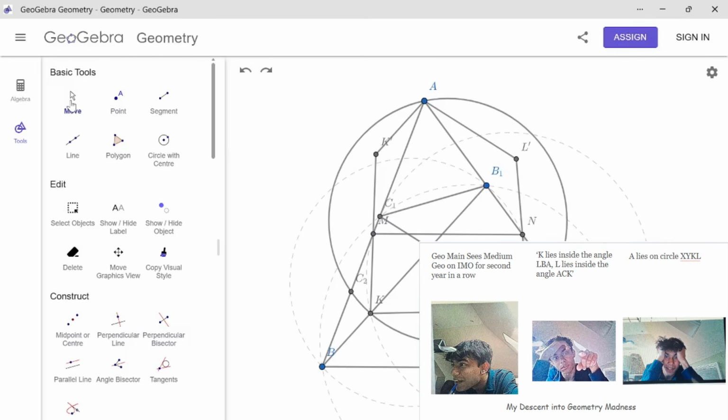KL is looking so parallel to BC. Like, it's got to be parallel.